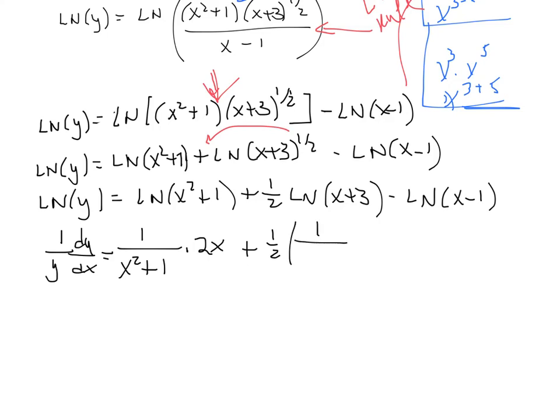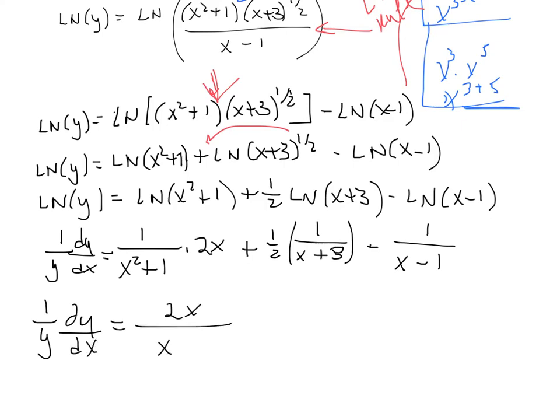This becomes 1 over x plus 3 times 1 times the derivative of x minus 1 over x minus 1 times the derivative of x, which is just 1. So I end up with 1 over y dy dx equals 2x over x squared plus 1 plus 1 over 2x plus 6. I just went ahead and distributed that 2.